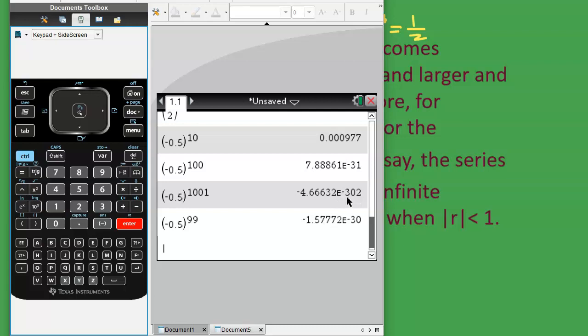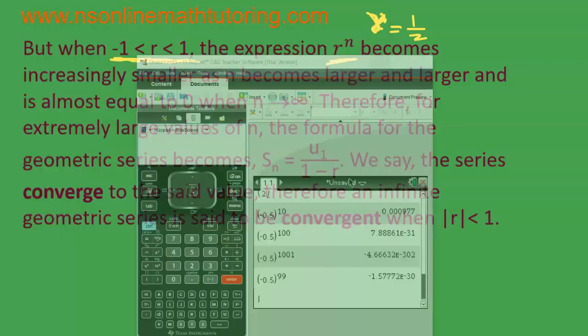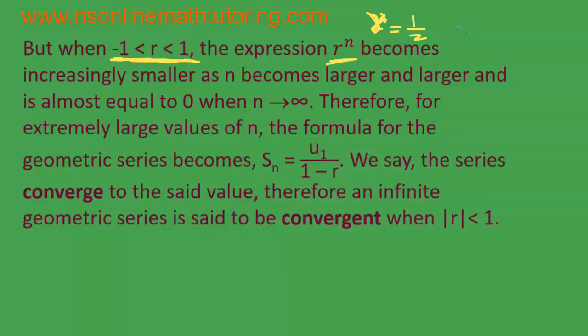If we think of the number line, this is the number line. Let me draw it. This is 0.